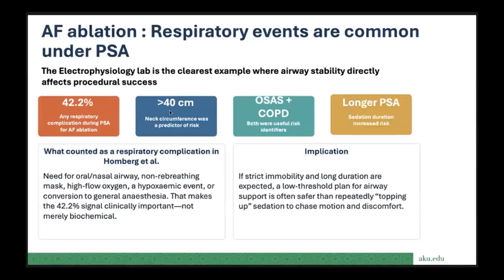It also affects the procedural quality, catheter stability, and the case duration. The predictors, as I mentioned earlier, such as large neck circumference, OSA-related features, COPD, and longer sedation can help identify patients in whom planned procedural sedation analgesia may become difficult.